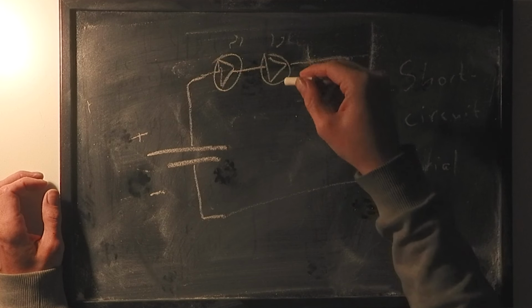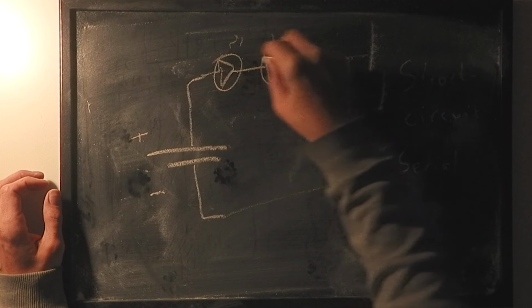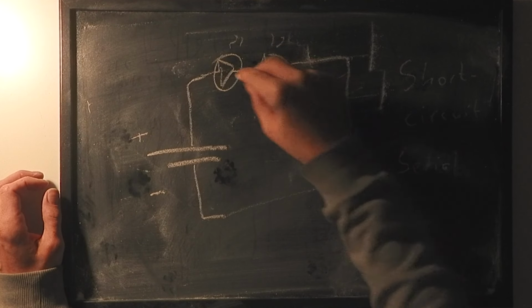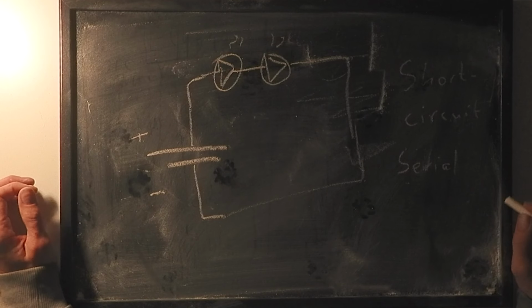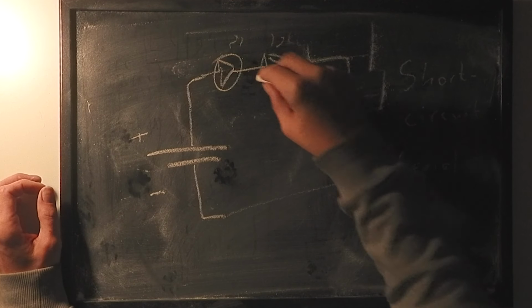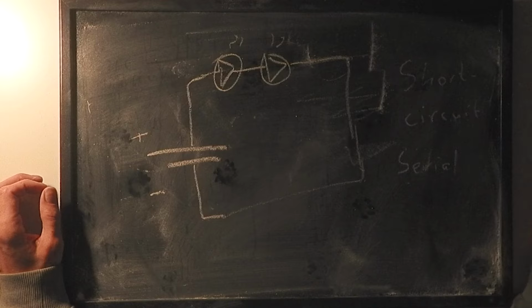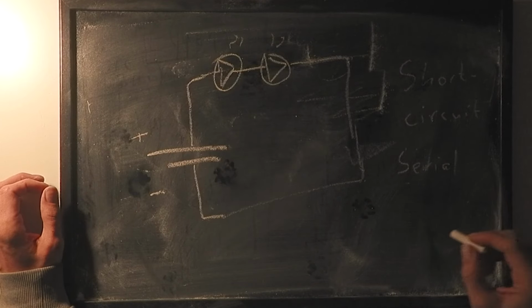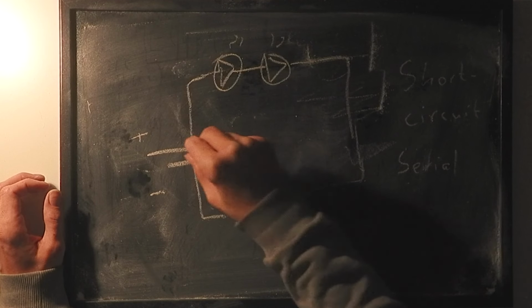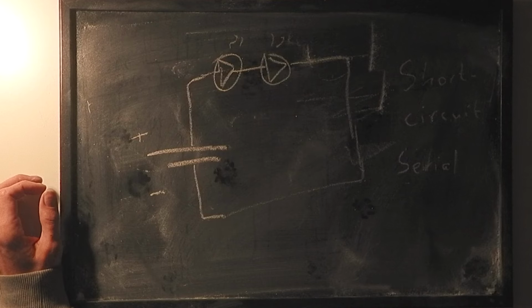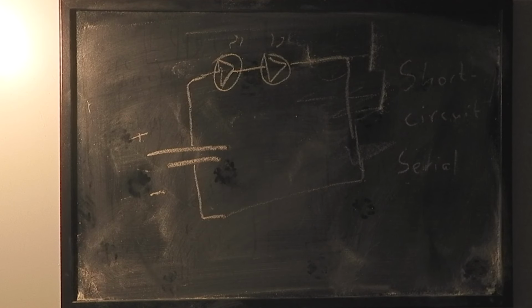And when we connect it like this, both of these lights will shine as much as if we only had one of these connected, basically. But the battery will run out faster because of this.